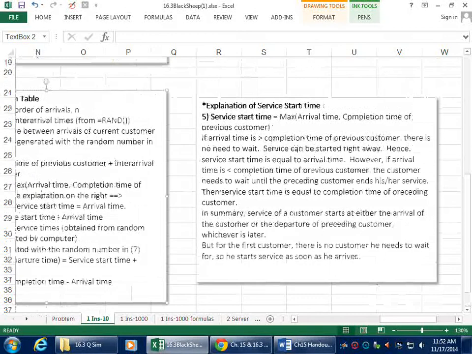It says the service start time is whichever is later between your arrival time and the completion time of the previous one. If you come after the previous one leaves, you get service right away. If you come before the previous customer leaves, you have to wait for them to leave. So it's whichever is later, your arrival time or your predecessor's departure time, whichever occurs later.